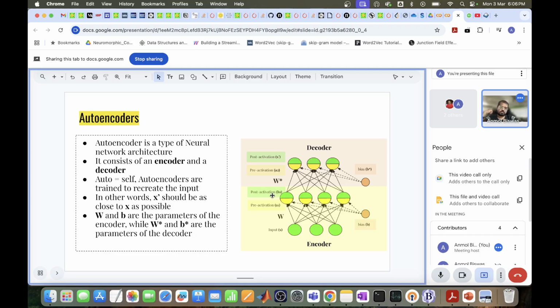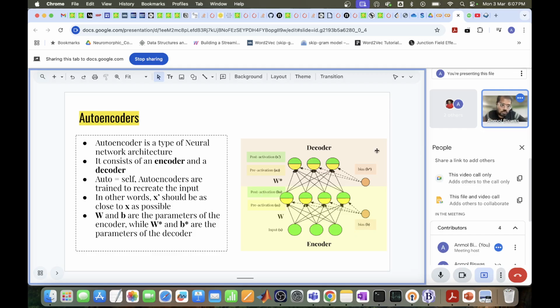So in fact, the very famous transformer architectures that people use, ChatGPT and all, are what is called a decoder-only architecture, right? So it's also like a part of this encoder-decoder structure. Of course, things have grown a lot more complex than this initial idea of an autoencoder.